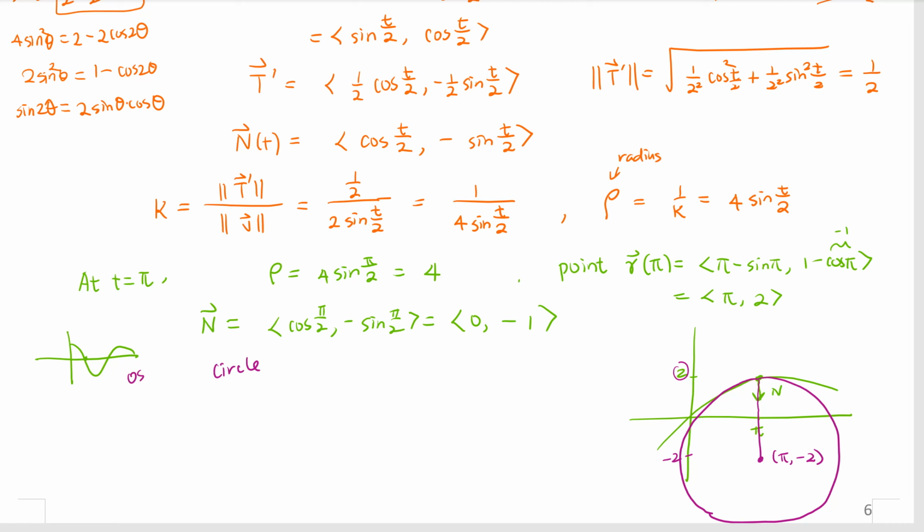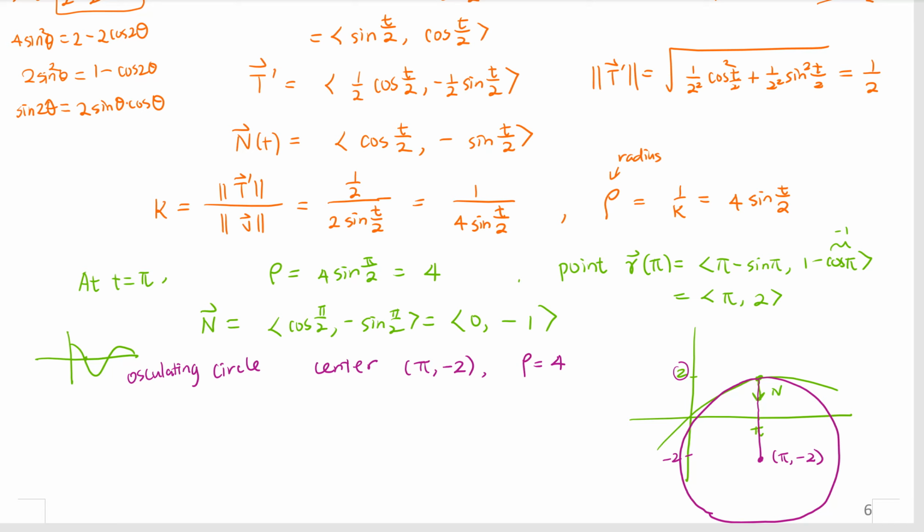So now we know the osculating circle. The osculating circle with the center is pi, negative 2, with the radius 4. Okay, radius, I use rho to denote it, but you know that's the radius.